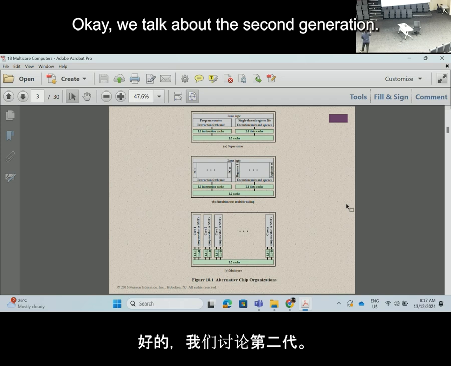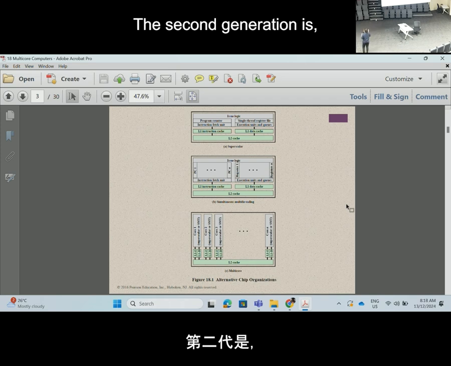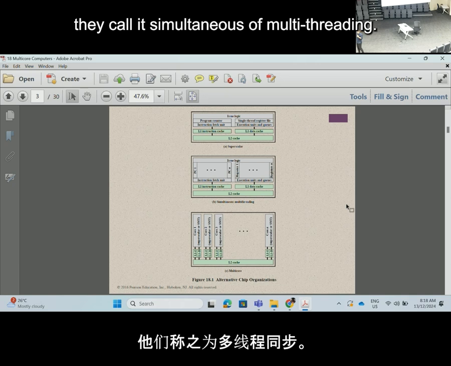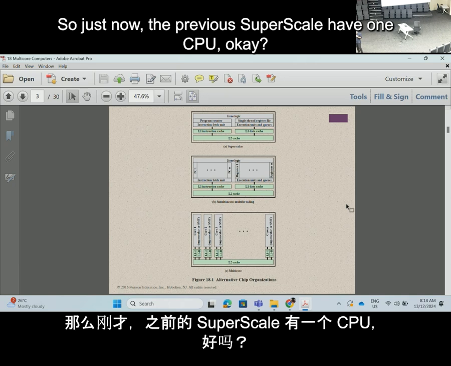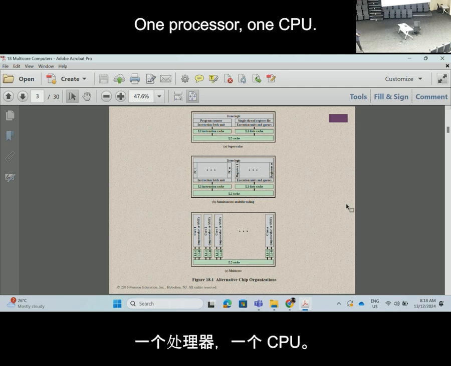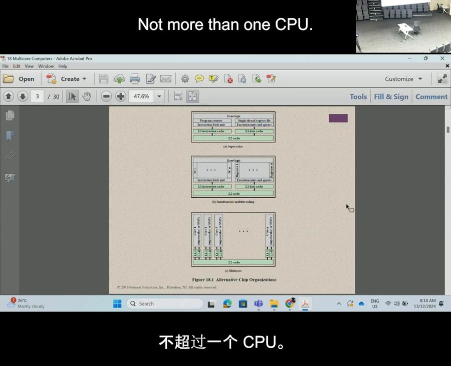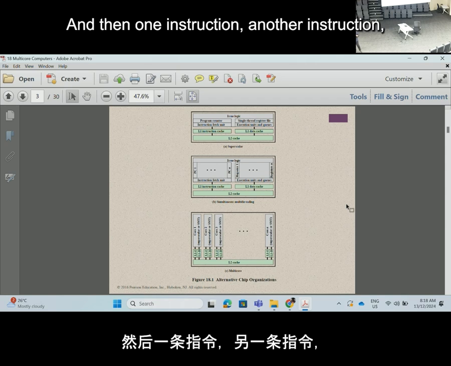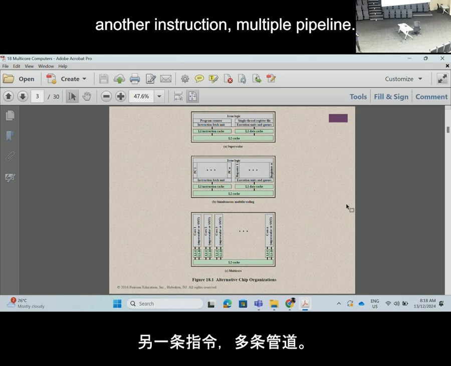Okay, we talk about the second generation. The second generation is what they call simultaneous multi-threading. Just now, the previous superscalar had one CPU, one processor, not more than one CPU, and then one instruction, another instruction, multiple pipelines.